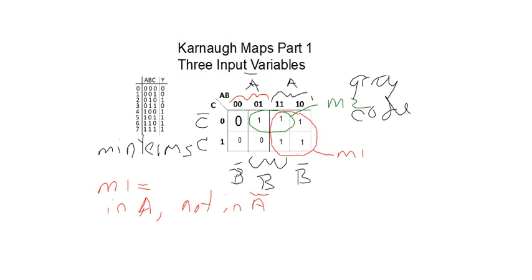It is in both B and B naught. See, part of it's in B, part of it's in B naught. It's all in A here. None of it's in A naught. But part of it's in B, part of it's in B naught.